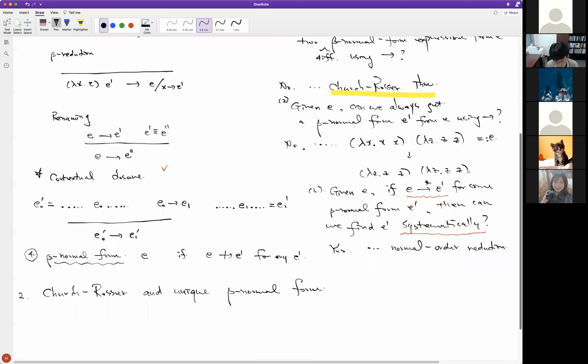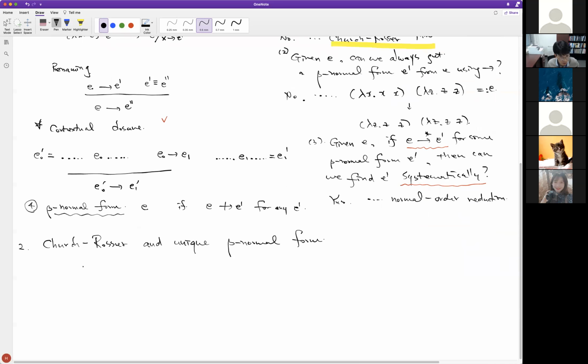So here's the statement of the Church-Rosser theorem. This is a very famous theorem, and there are many theorems of this form. But in our context, it says the following.